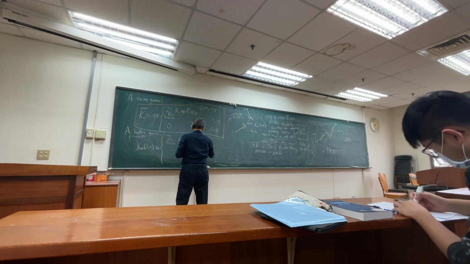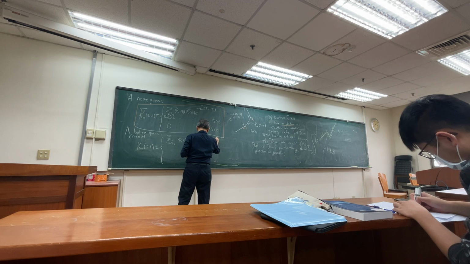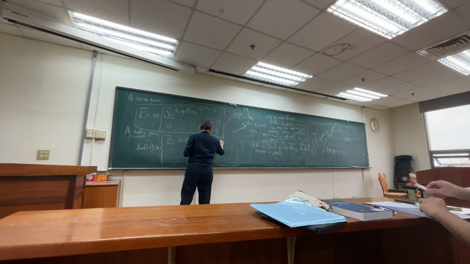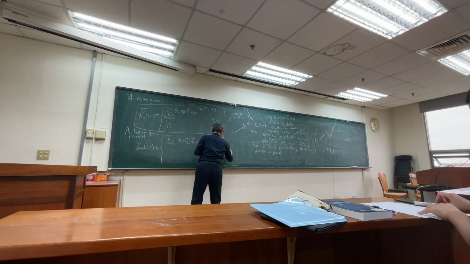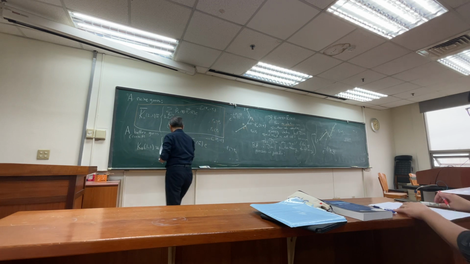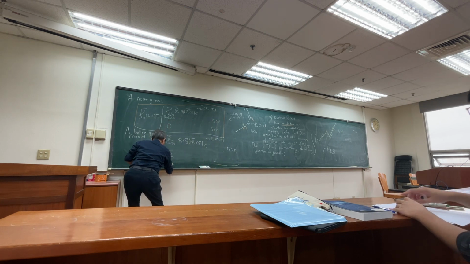So this is exponential minus i E_n (T2 minus T1). This is for T2 greater than T1.